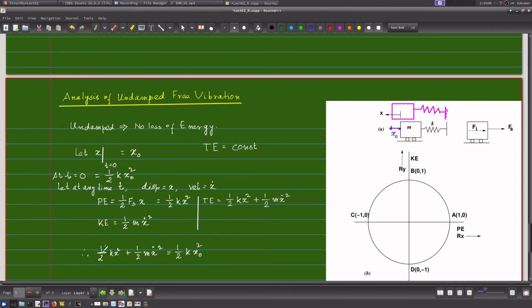Now I can cancel half from each term. And then let me divide both the sides by k x naught square. So if I divide both the terms by k x naught square, what will I get from here?